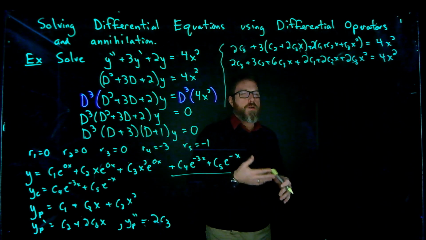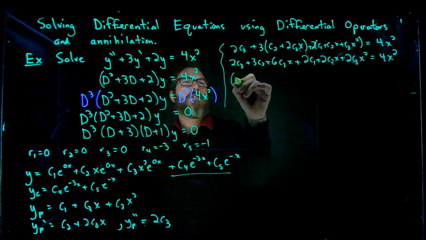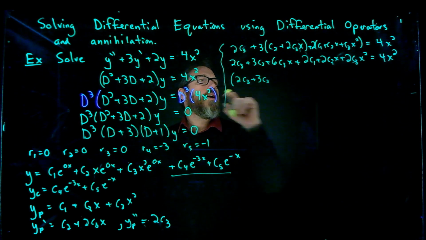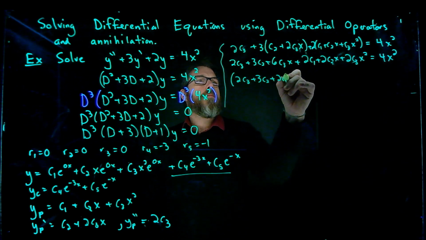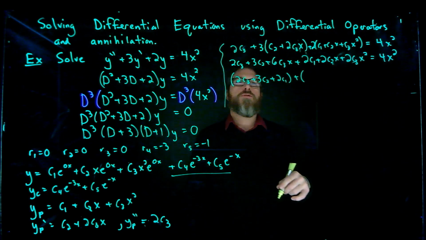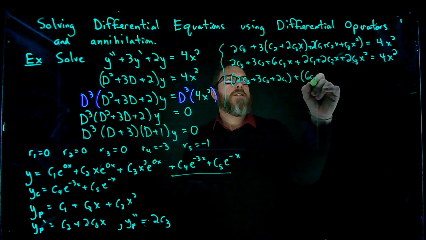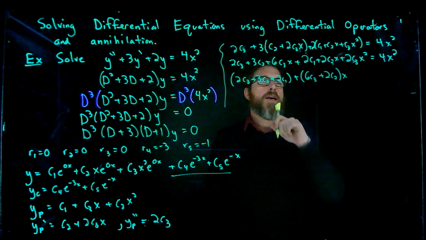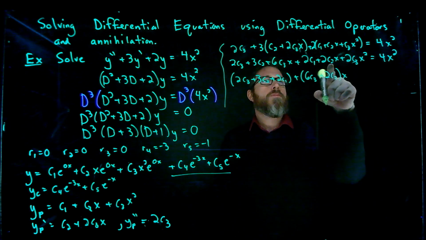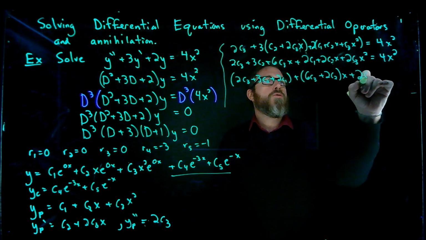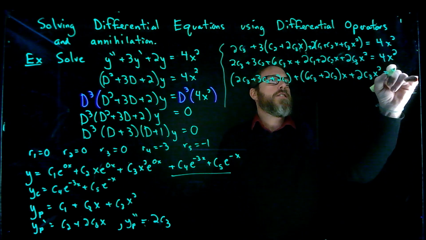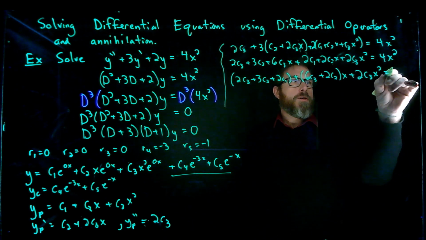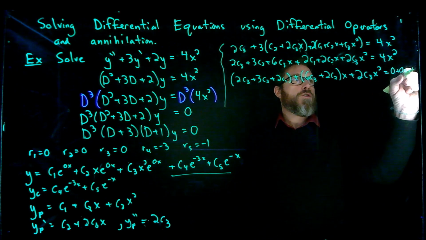Now let's reorder these. I want to know what my constants are. So constants, I have 2c3 plus 3c2, and finally plus 2c1. The coefficients in front of x are going to be 6c3 plus 2c2. And the coefficient in front of x squared comes only from 2c3x squared, and this has to be equal to 4x squared. Remember that this would be 0 plus 0x plus 4x squared.